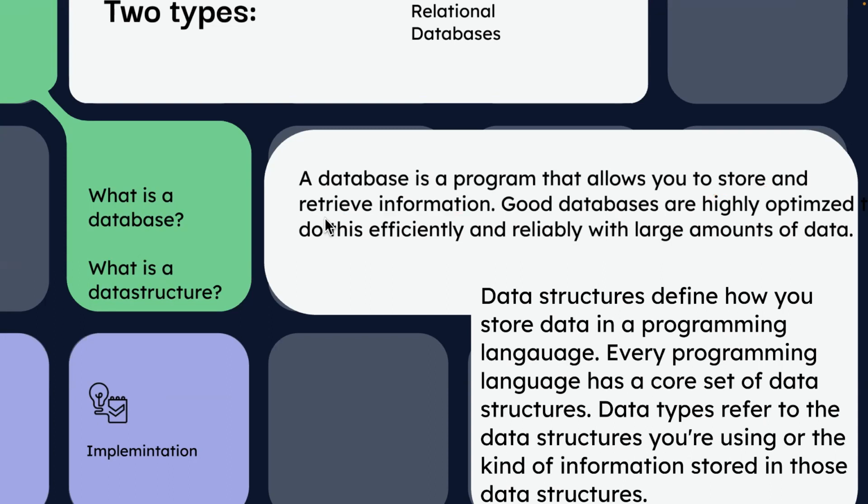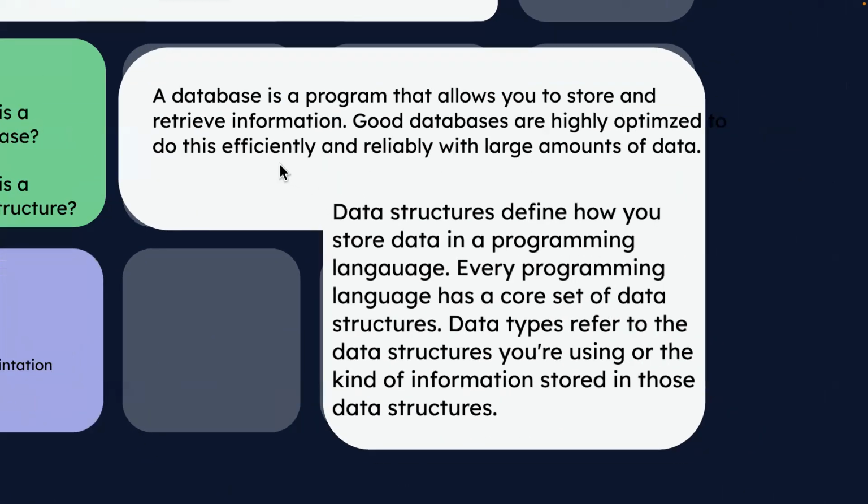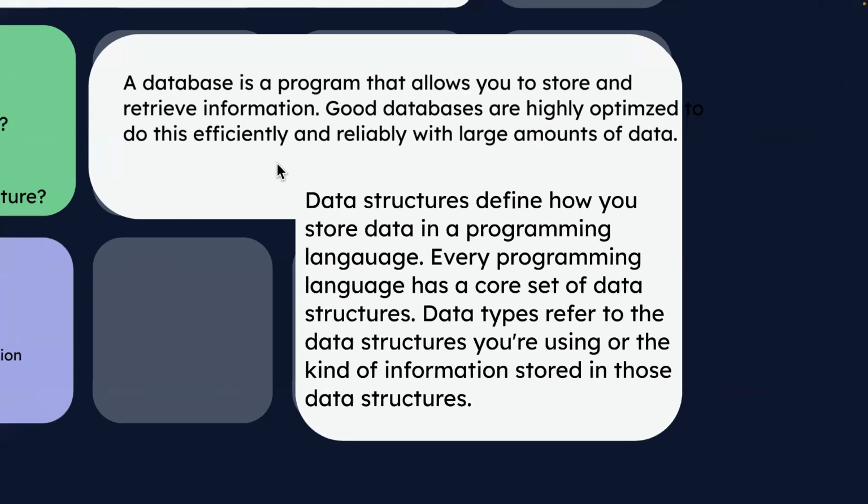And just like there's a variety of storage systems, there's different ways to organize stuff. There's different ways databases can work as well, right? And let's talk also about what a data structure is. I think we're going to be pretty familiar with this, because a data structure defines how you store data in a programming language.